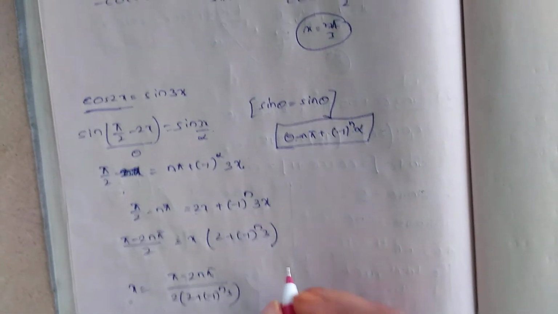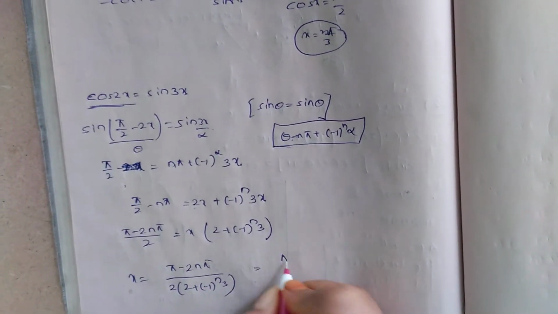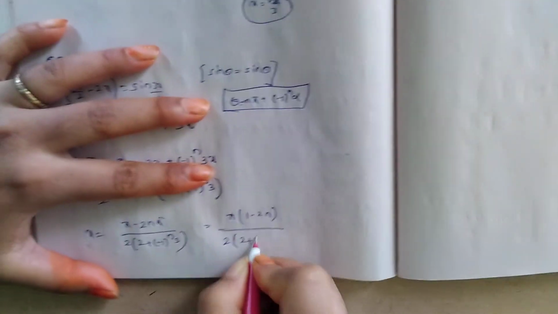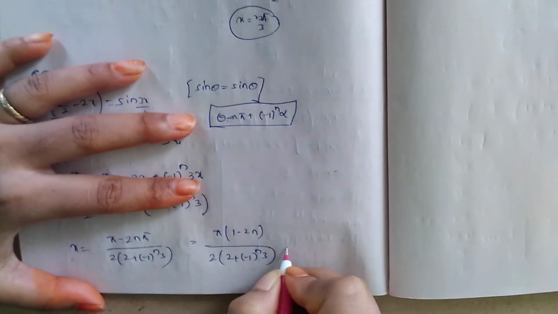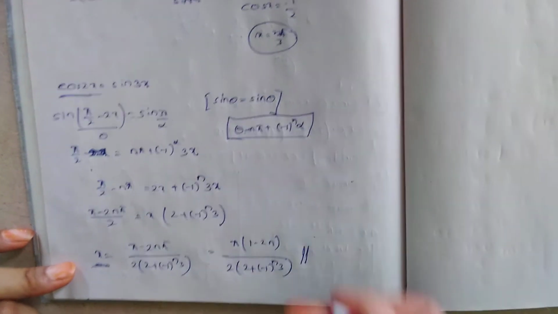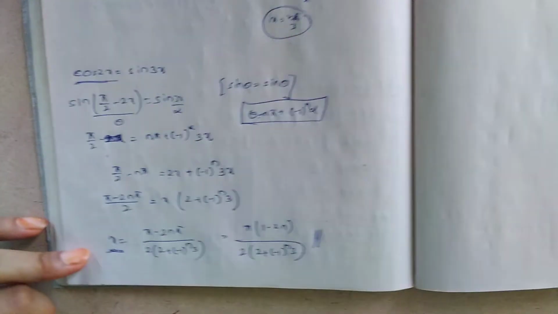We can rearrange it as pi of 1 minus 2n by 2 of 2 plus minus 1 whole power n into 3. So this is our value of x. You substitute any value of n, you will get the value of x which satisfies this equation.